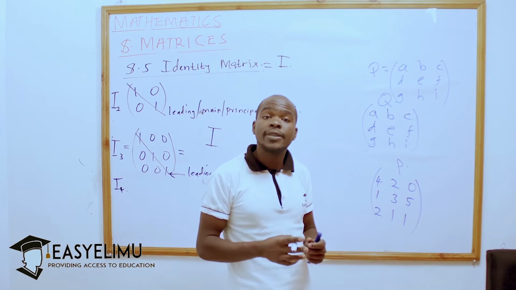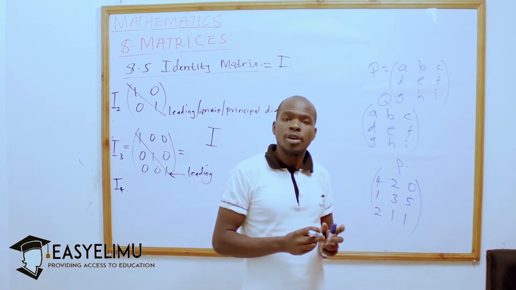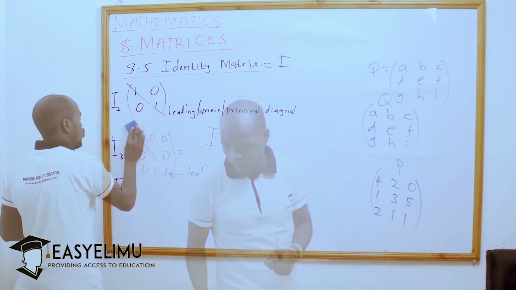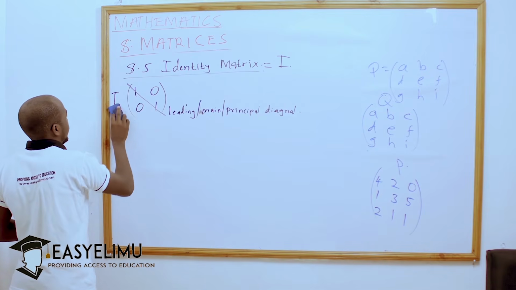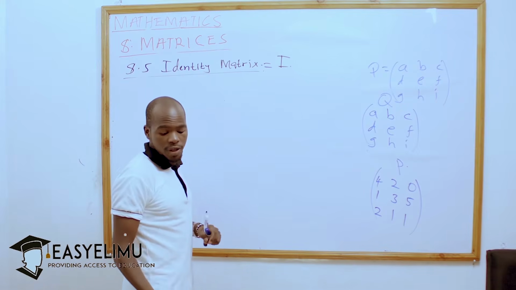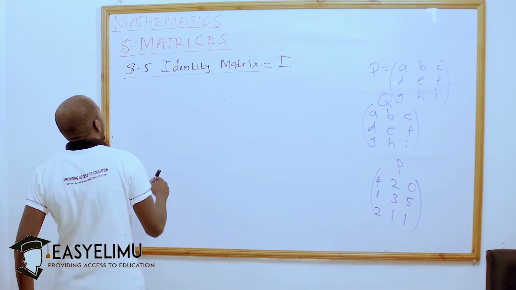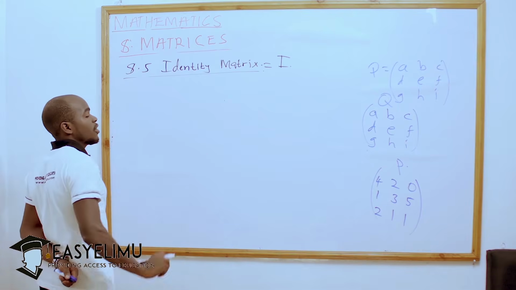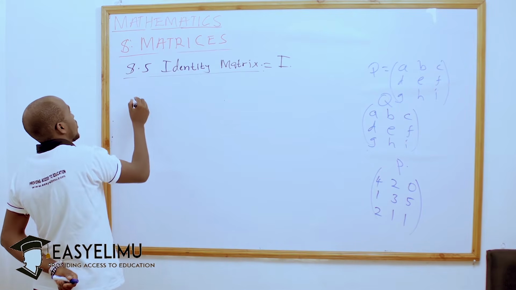In general, let's say that if you have been given M, you may pre-multiply it by the identity matrix, or even post-multiply it, and you will find that it does not matter.